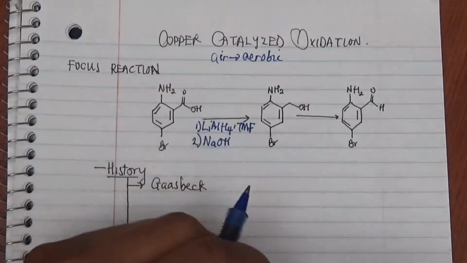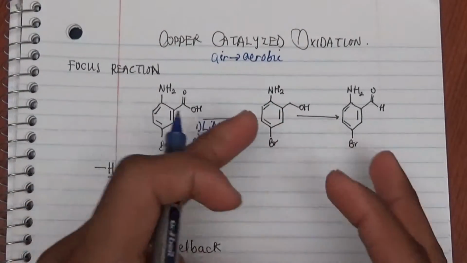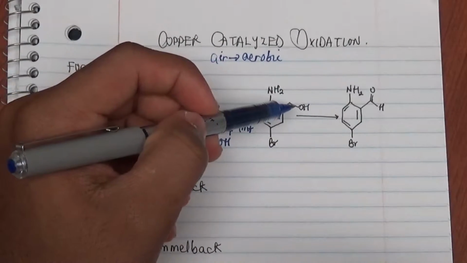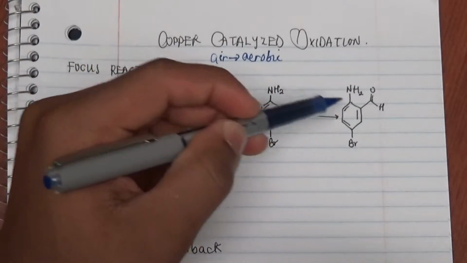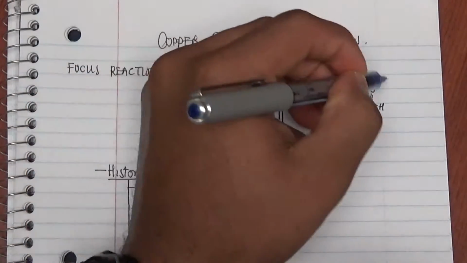But our focus is not on this particular point. Our focus is on this other side, which involves the transformation of the hydroxyl group into an aldehyde group. So this is our main focus over here.